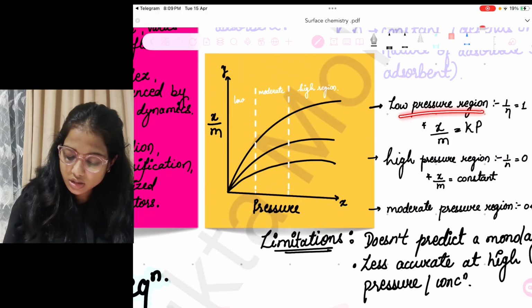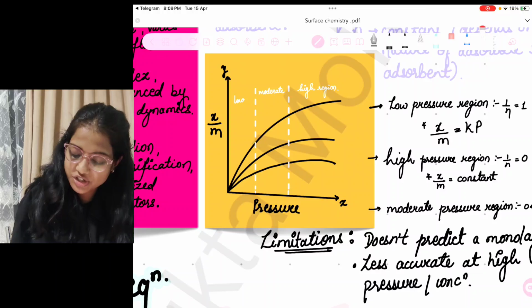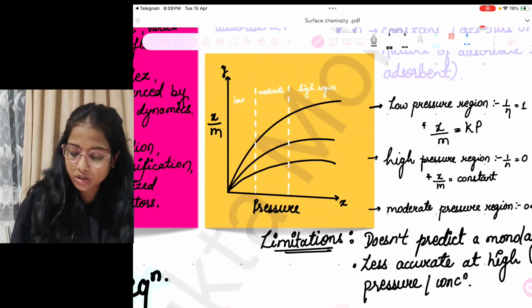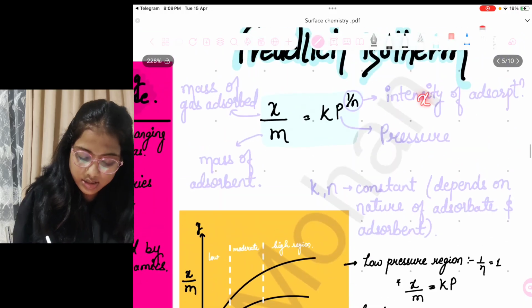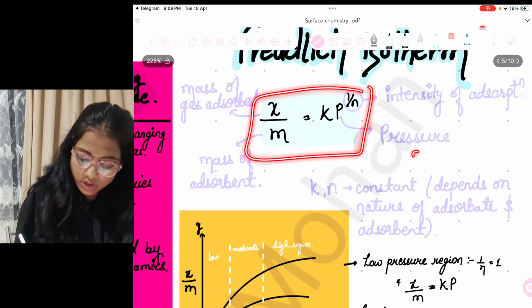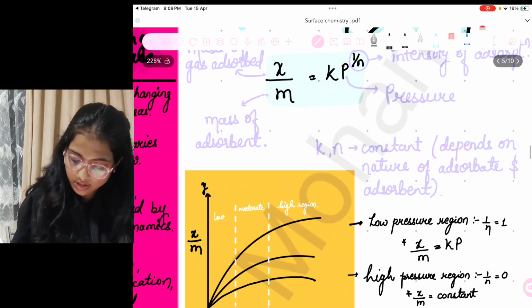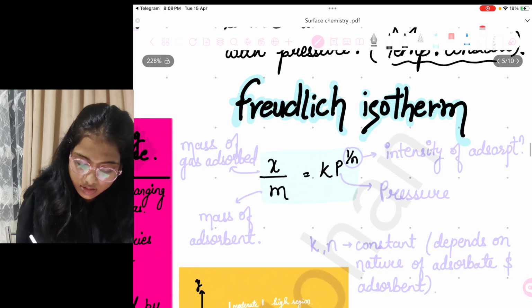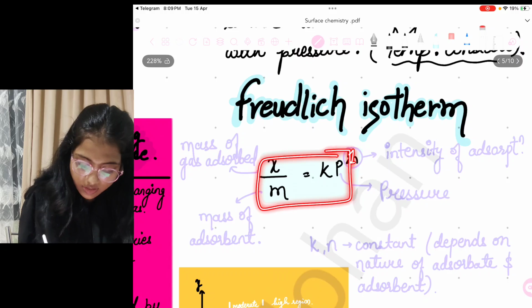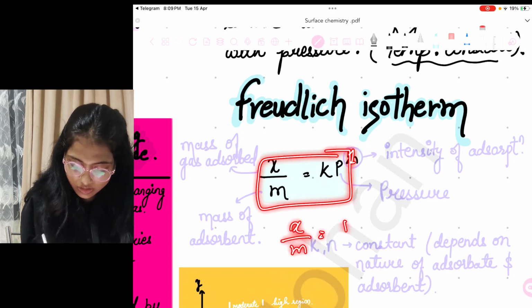In the low pressure region, 1 by n equals 1. Therefore x by m equals k p to the power 1. See, this is the formula, so x by m equals kp. As 1 by n equals 1, the power is 1, so the remaining will be x by m equals kp.